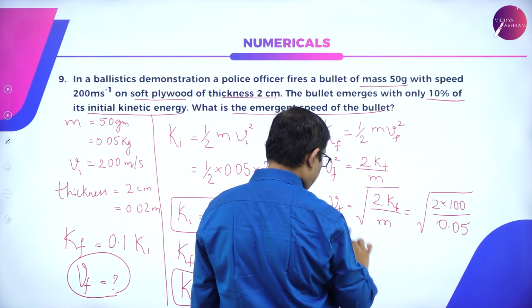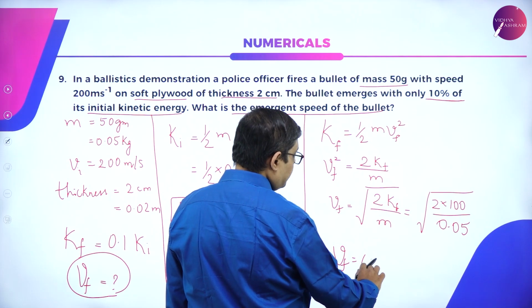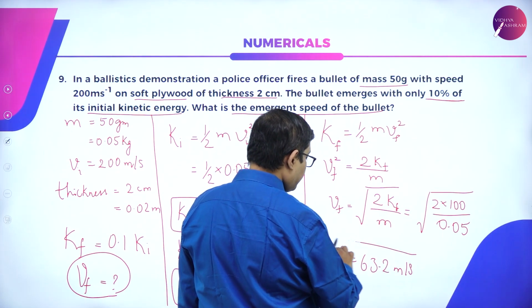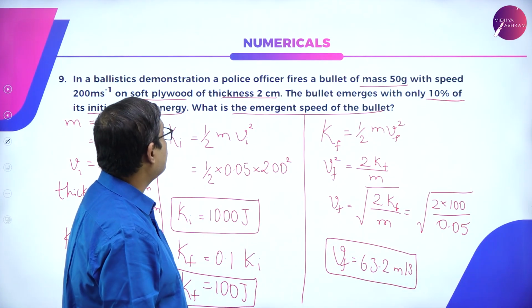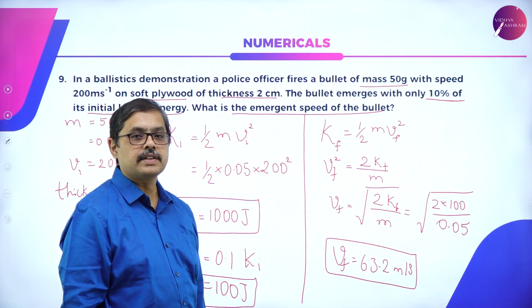Use your simple calculator and let me know the final velocity. The final velocity is 63.2 meter per second. So the bullet emerges out of the soft plywood block at a speed of 63.2 meter per second.